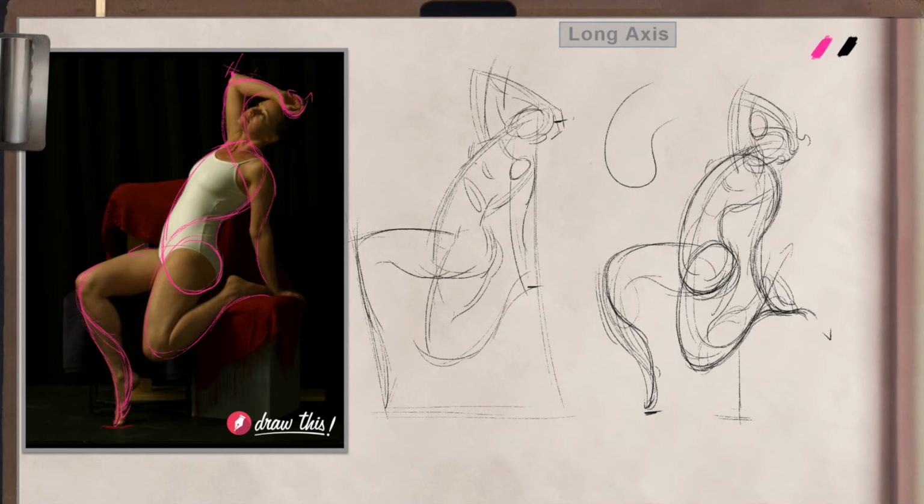Let me demonstrate one more, and I'll demonstrate on the male this time.